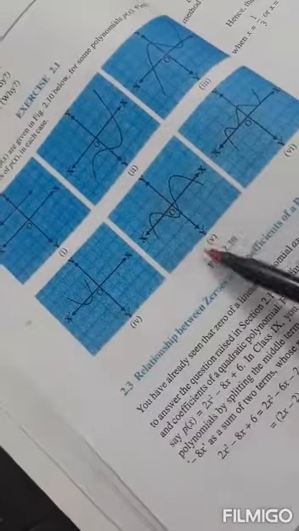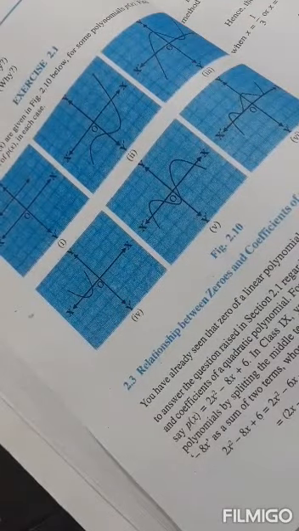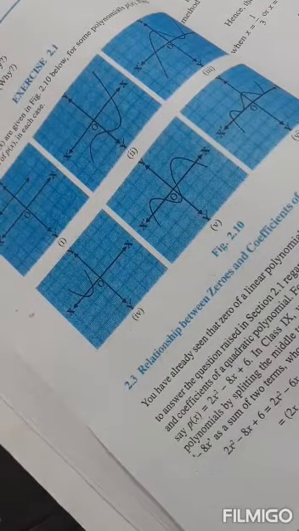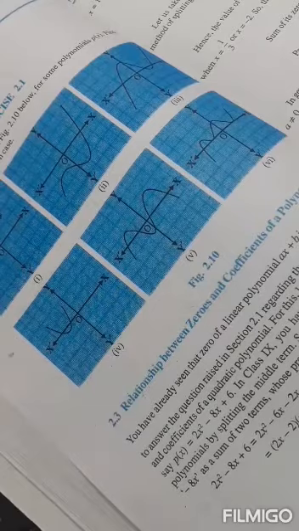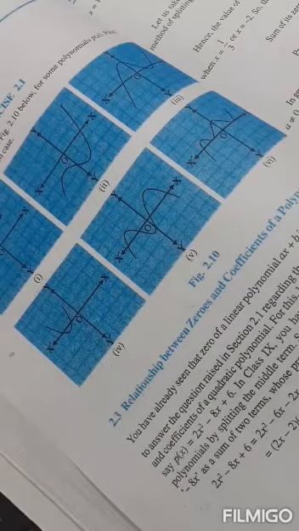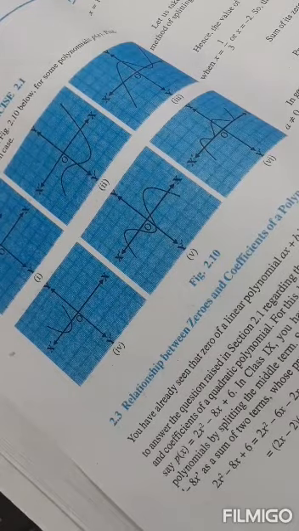In the fifth, it is intersecting at 1, 2, 3, 4 points, so it has 4 zeros. In question number 6, it is intersecting at 3 points, here, here and here, so the number of zeros is 3, as the graph intersects the axis at 3 points. So this exercise is very easy.